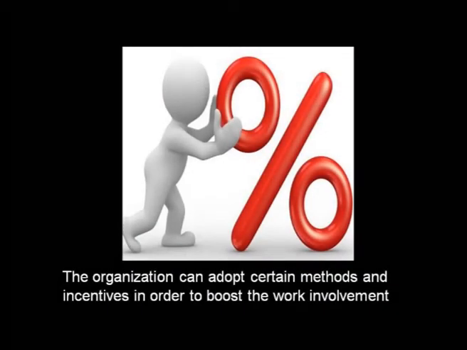Means to improve work involvement. Having now understood the significance of work involvement, let us go about to discuss the various means and methods to improve work involvement among the employees of an organization. In order to boost the work involvement and morale of the employees, the organizational and managerial heads can adopt certain methods and incentives.